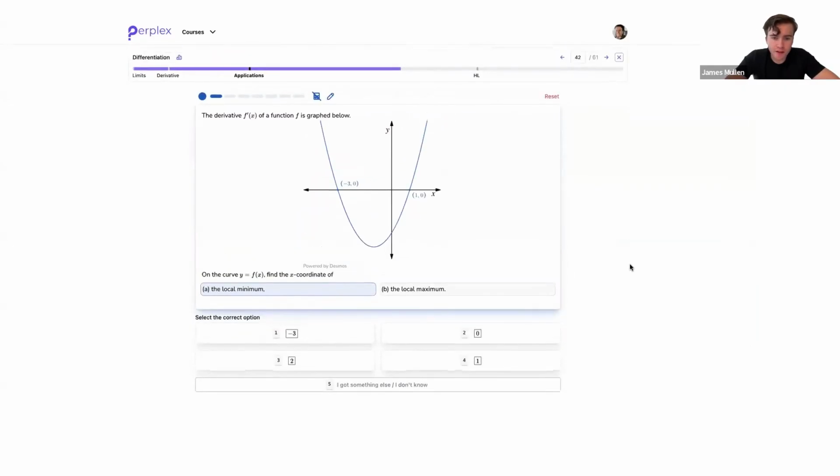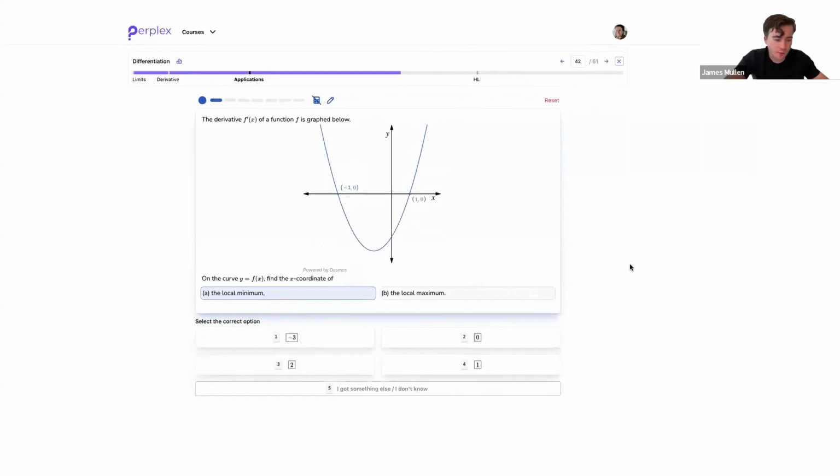So here is a simple exercise for you to do. I'm going to give you 10, 15 seconds to think about it, and then I'm going to explain how you would do this. All right, so this graph shows me the graph of the derivative f prime of x, and I know that I have a minimum and maximum when the first derivative is 0, okay, when I have stationary points.